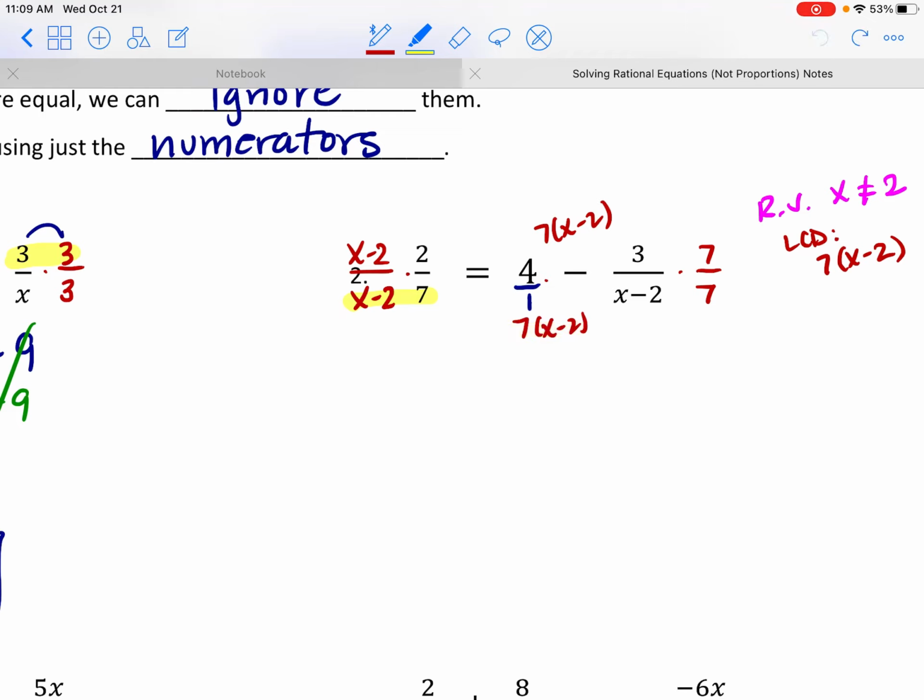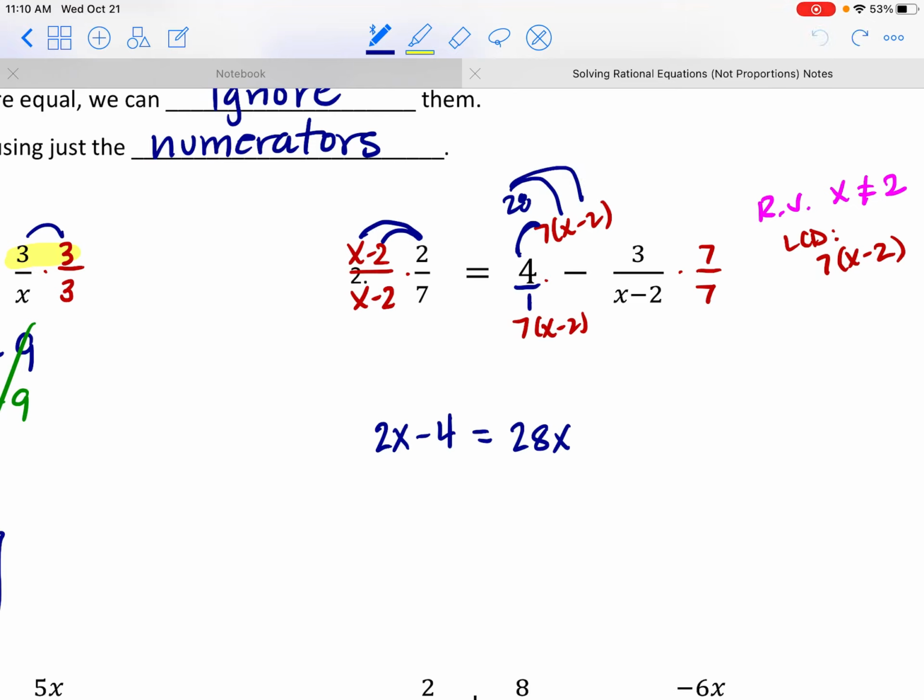All of my denominators are the same, which means now I can ignore them and focus just on my numerators. So in this numerator, I'm going to have a 2x minus 4, bring down the equal sign. And then here, be careful, 4 times 7 is 28, and then we're going to multiply by x, so 28 times x is going to be 28x, and 28 times negative 2 makes a negative 56.